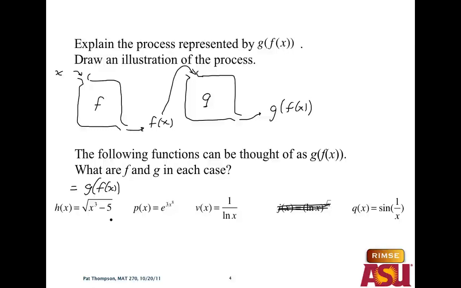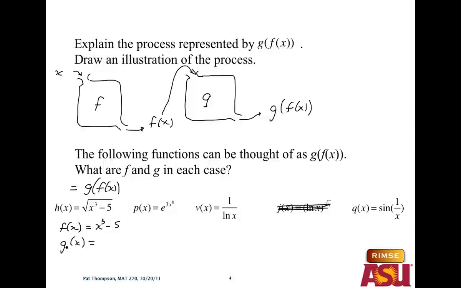So what we want to see is how one function rule is plugged into another. Could you make f of x like x cubed minus 5 and then g whatever f of x is to the 1/2?